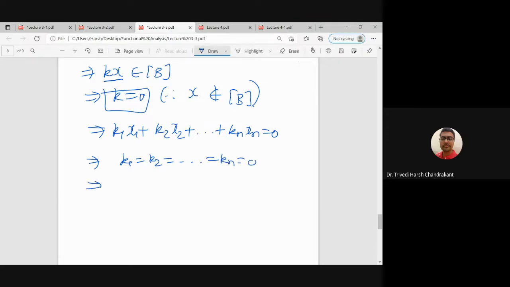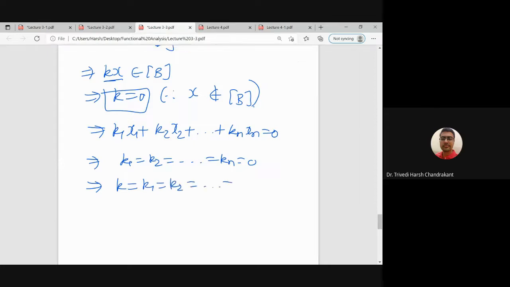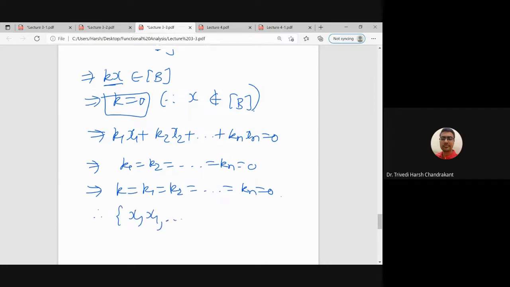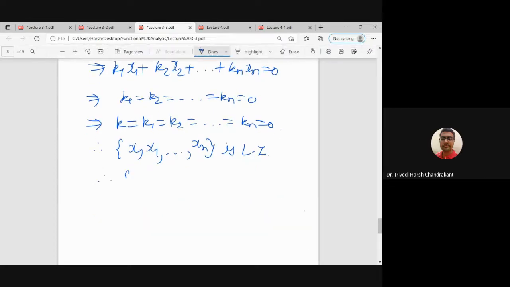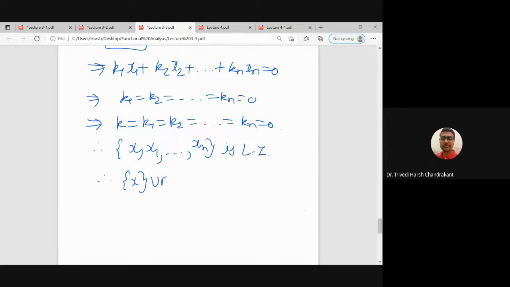So k equals k1, k2, ..., kn is 0, and therefore the set x, x1, ..., xn is LI. So therefore x union B is LI.